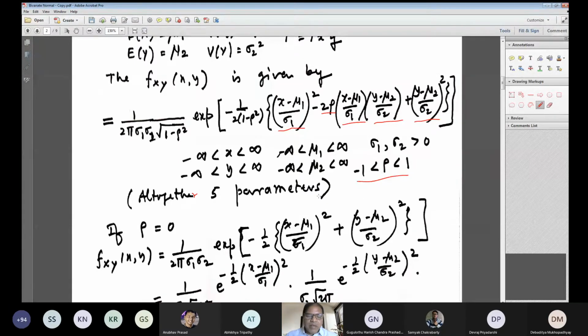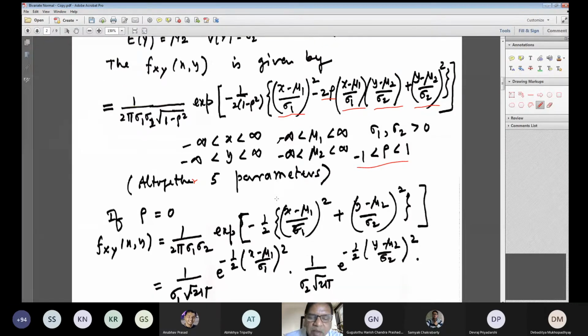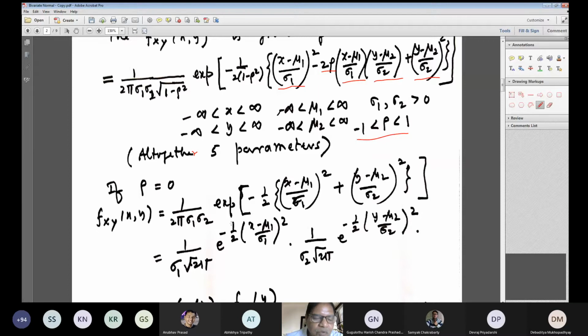So having specified this joint density function, a few observations we will see. If rho equal to 0, so we substitute rho equal to 0, this factor will be 0, this will be 0, this will be 0.